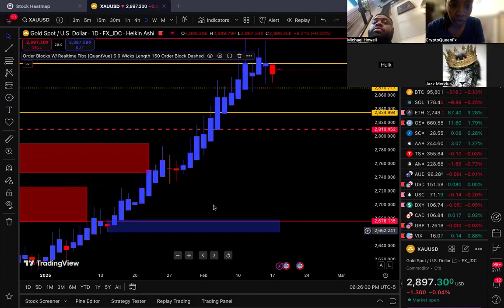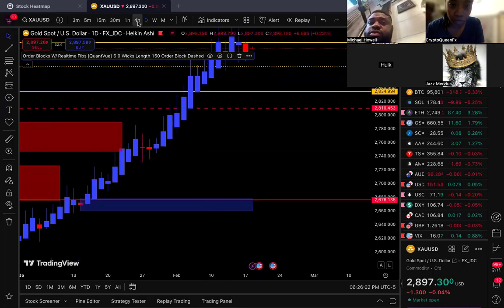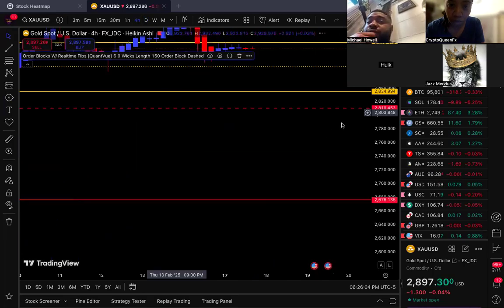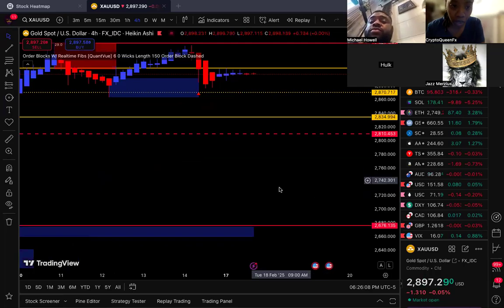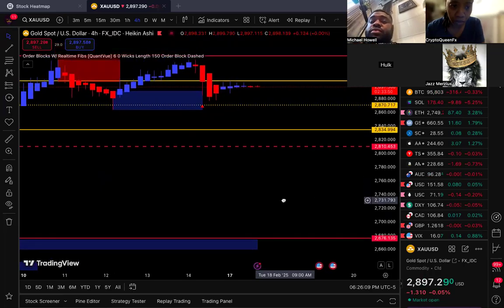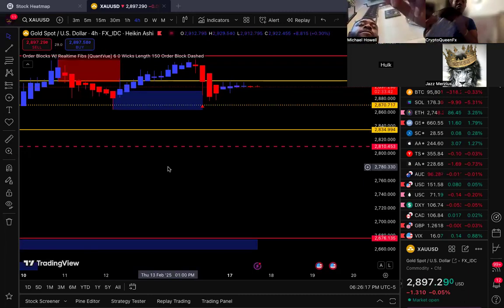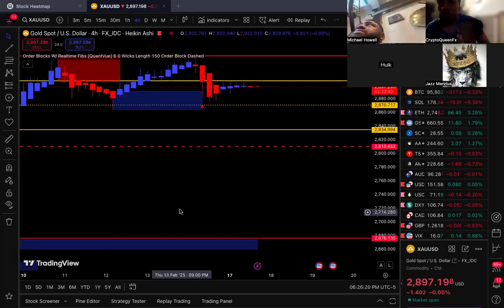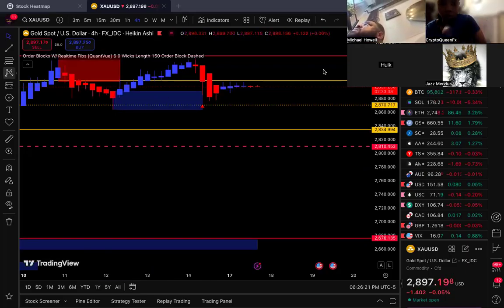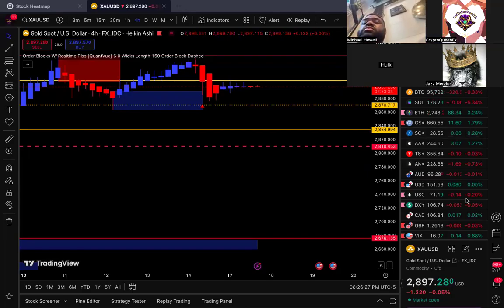Now gold has been on a buy trend for a long time, but we've been needing it to sell. And it's coming out of a 4-hour sell order block. It's coming out of a 4-hour sell order block right here.